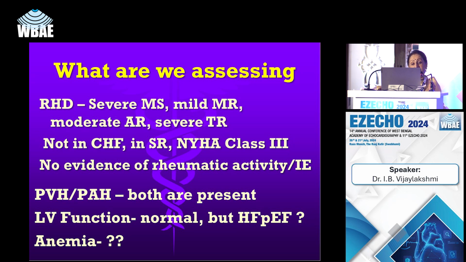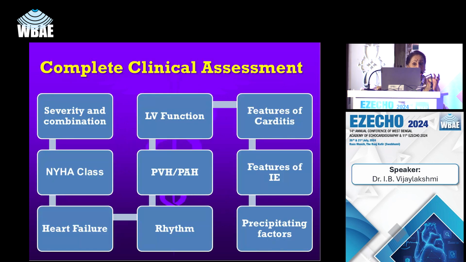But here we must think of pulmonary venous hypertension as well as pulmonary arterial pressure, and both are present in this patient. LV function is normal, so it may be heart failure with preserved ejection fraction. Whether anemia is present is not mentioned in the scenario. For the complete clinical assessment, first we have to decide the severity and the combination.